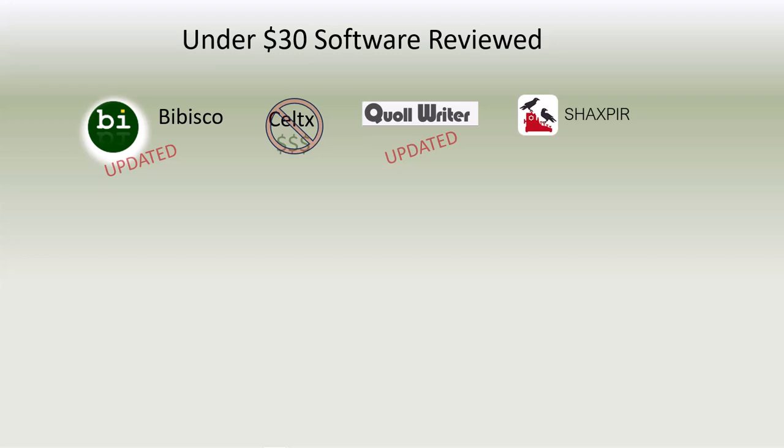There is also Shaxpir. Now, this one, it has updated. It was version 4.5.12 whenever we looked at it originally. Now, the free version is actually called Shaxpir for Everyone, and you download it and you can use that. The newest version is version 4.6.5, and there's a little bit of a difference here for the update that this one got.